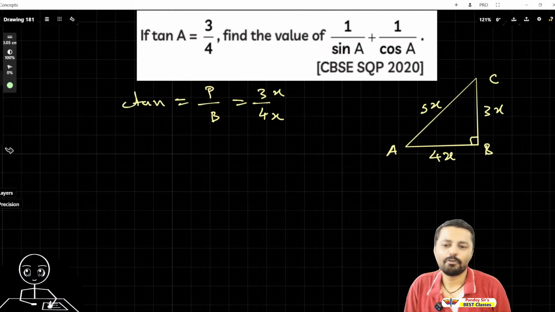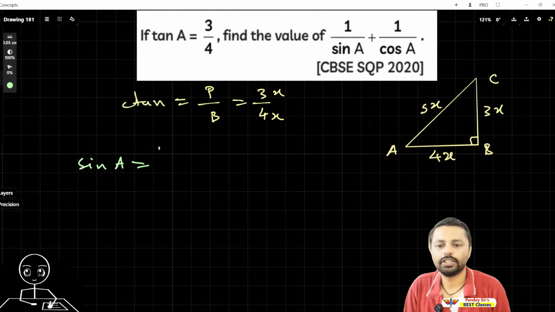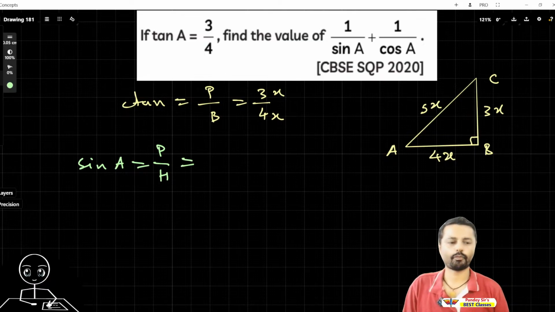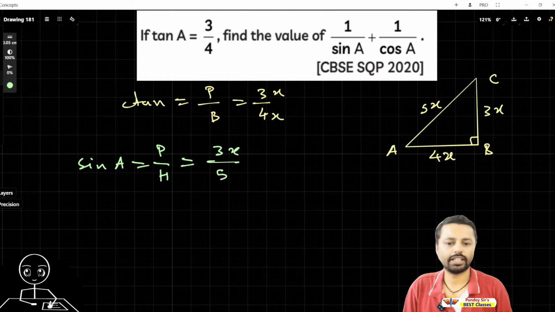We need to first find out sin A. So sin A will be P by H, that's 3x by 5x, so that's 3 by 5.